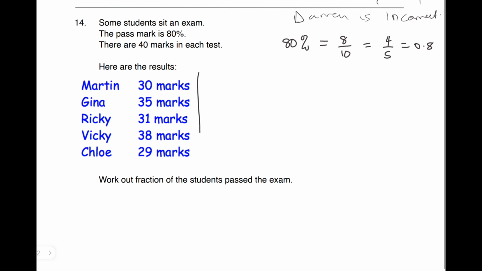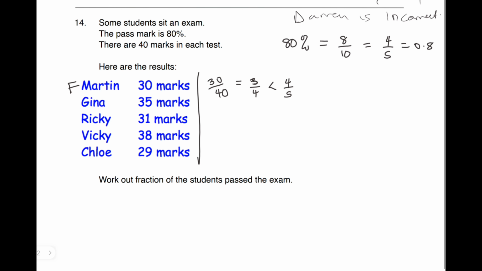So we start with the first one. Since there are 40 marks in each test, the first result is 30 marks from Martin. So we do 30 over 40, which is equals to 3 over 4, and without doubt 3 over 4 is less than 4/5. So that means Martin failed.